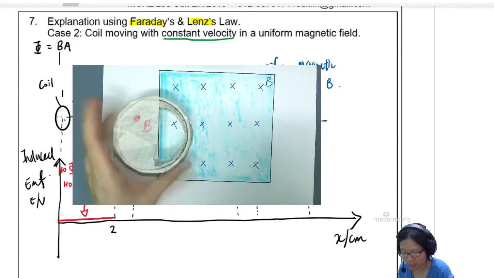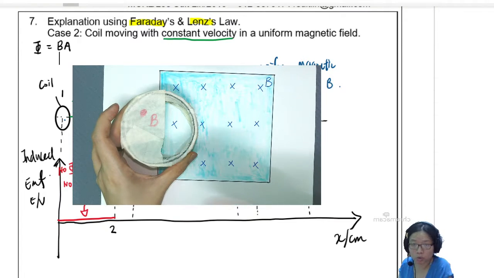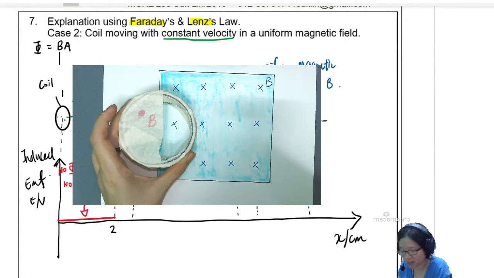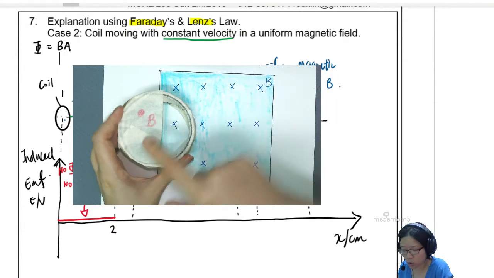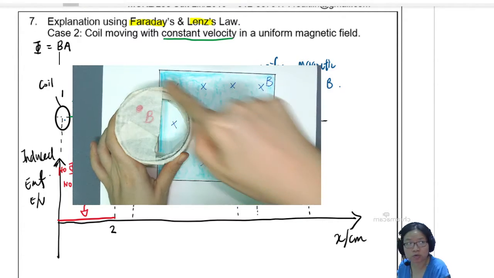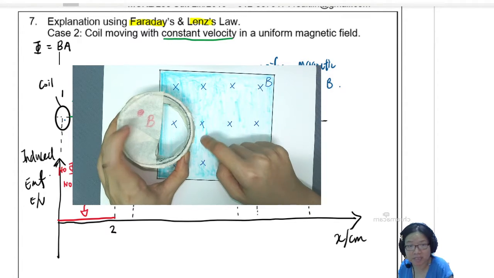Once again, no flux to some flux. We want to oppose this increase in flux going into the paper. To oppose this increase, the coil will induce its own EMF to create a field in the opposite direction.